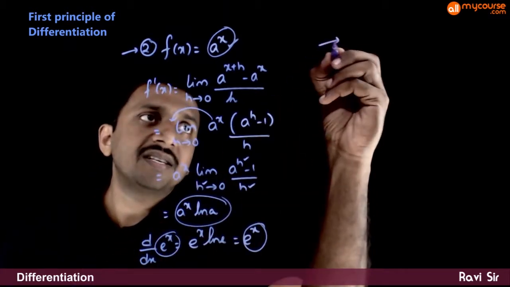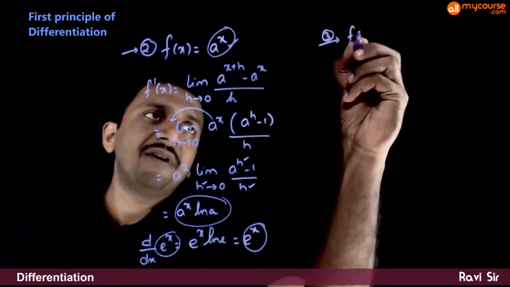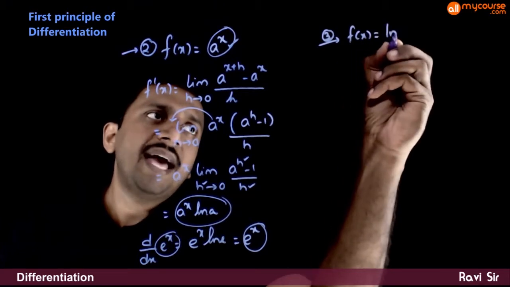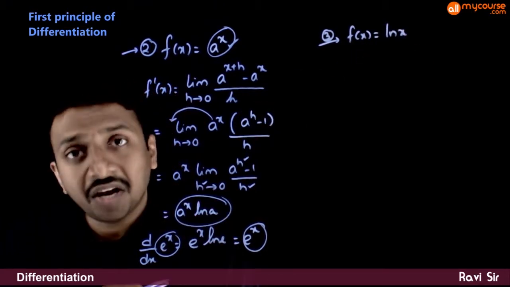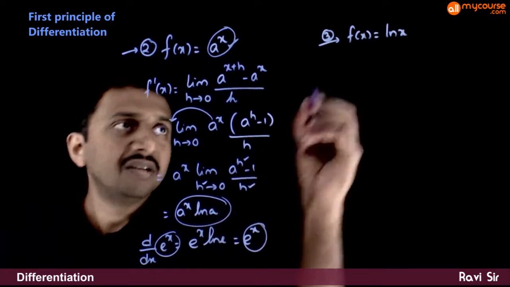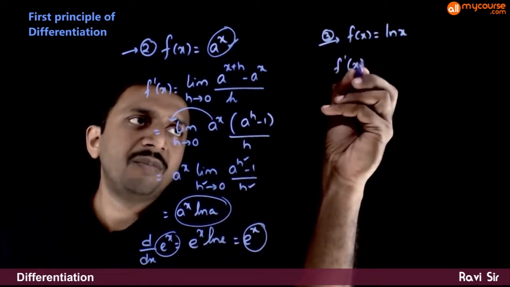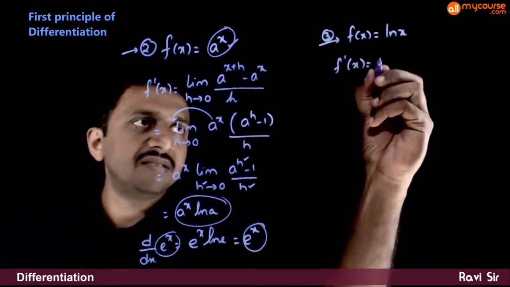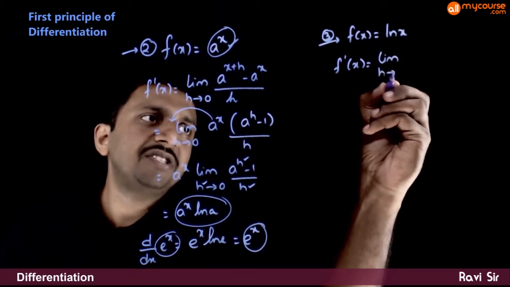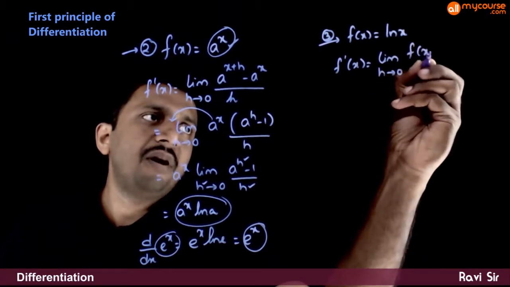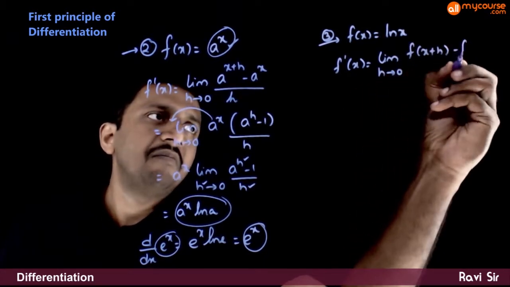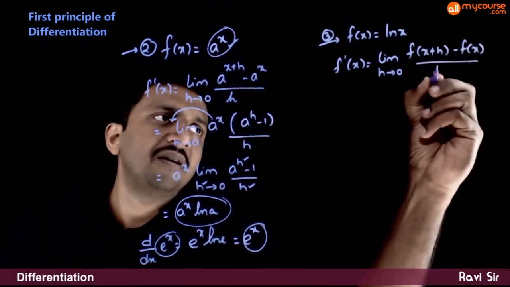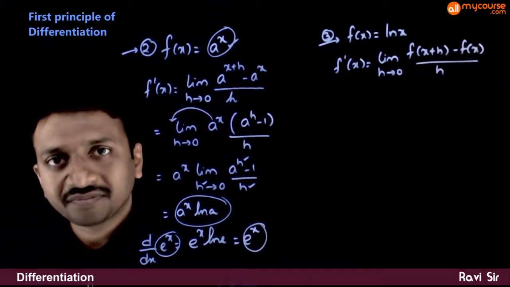Next, let us take f(x) equal to ln x and differentiate the logarithmic function. Again, the first principle formula: f'(x) is the limit as h tends to 0 of (f(x+h) minus f(x)) by h.